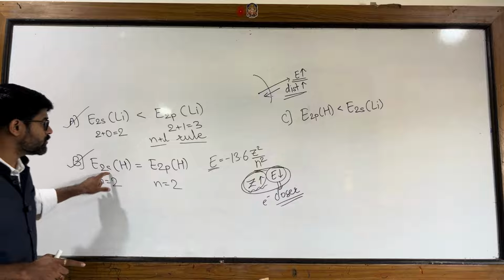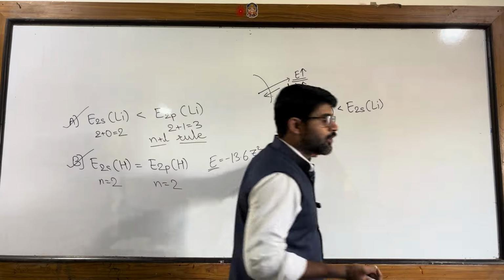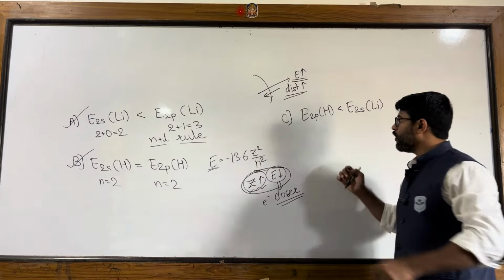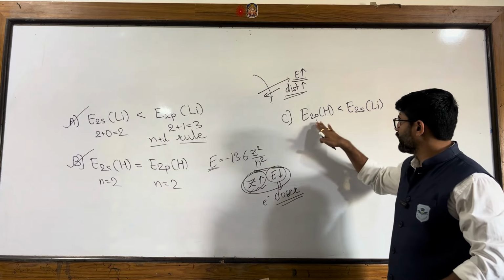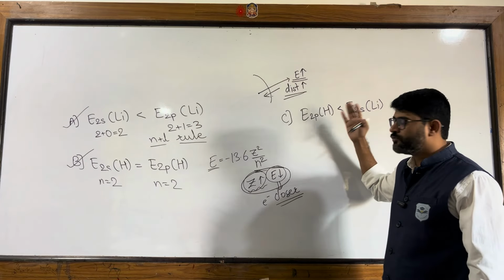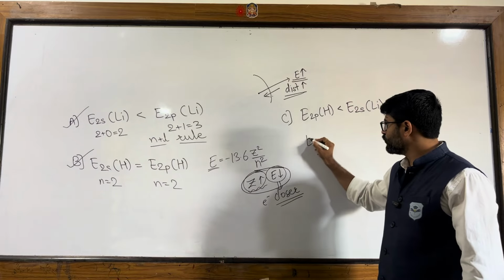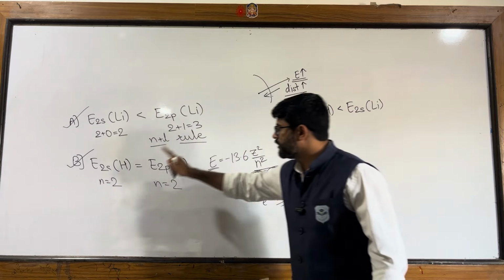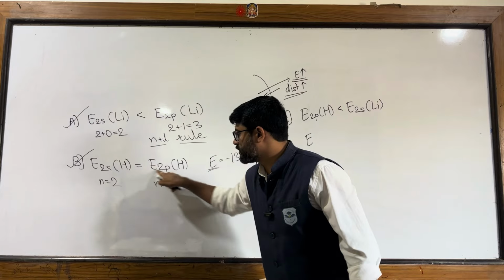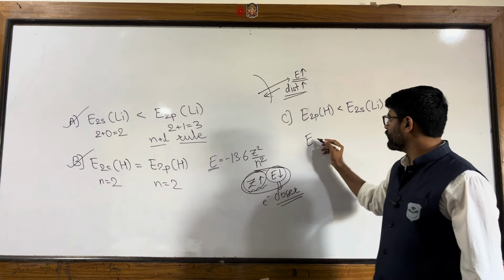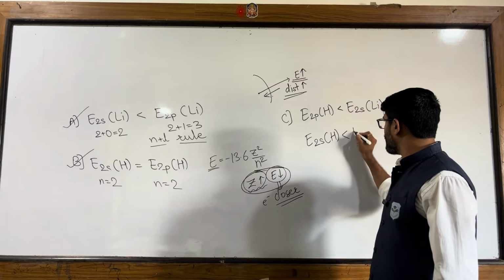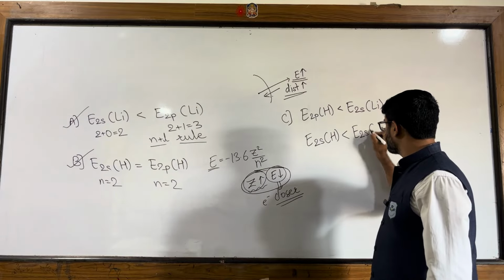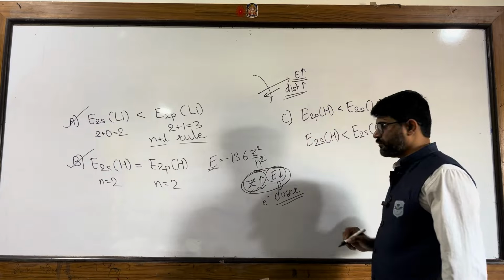So I will put this value here, because the comparison will be easier if I make it 2s. So we have E of 2s of hydrogen less than E of 2s of lithium.